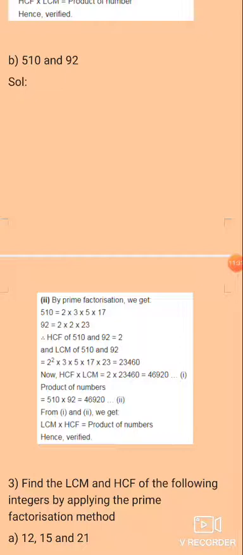Now the product of the numbers 510 and 92, when you find it, is the same answer, 46,920. From the first and second, HCF into LCM is equal to the product of two numbers. Thus we verified this.